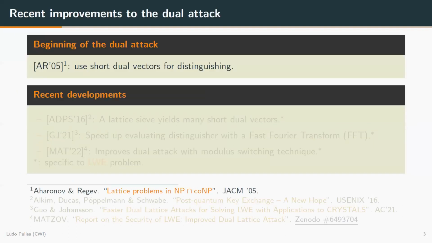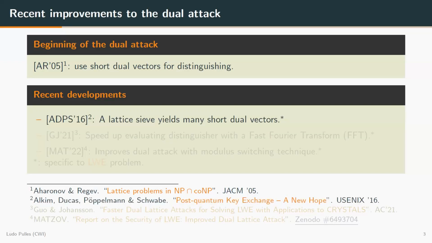So a bit of history about the dual attack. It started with Aharonov and Regev, who published a paper showing that you can use dual vectors to do this distinguishing trick. And we've seen a lot of recent developments in the dual attack. First, there was the idea that you can use a lattice sieve to generate a lot of dual vectors that are short.